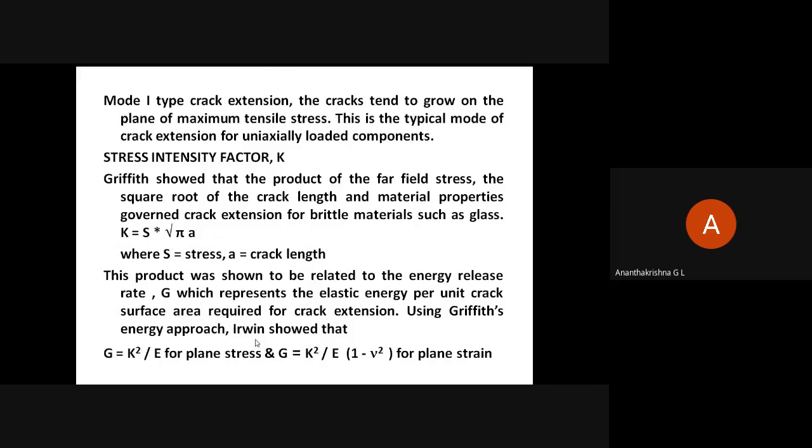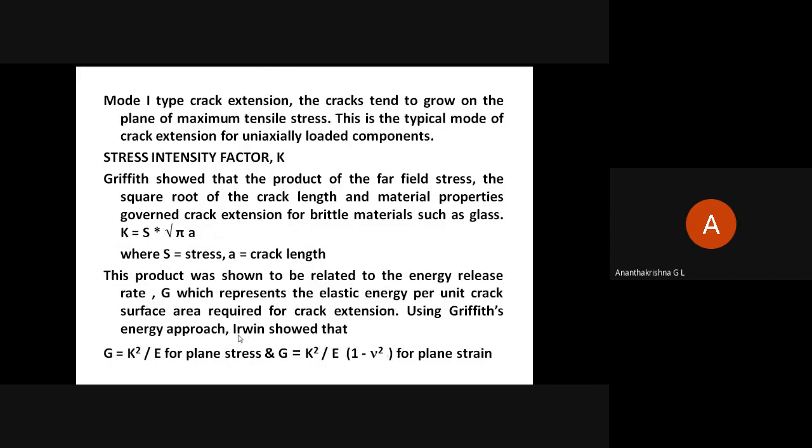Irwin, by modifying Griffith's equation, considered the energy release rate G. He arrived at the equation G = K square by E, where K stands for stress intensity factor and E is Young's modulus, for plane stress, and for plane strain, G = K square by E into (1 minus nu square).